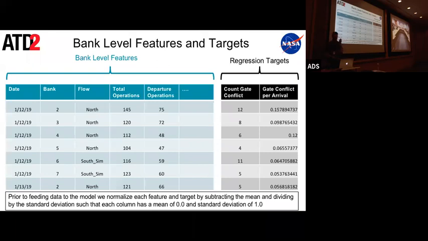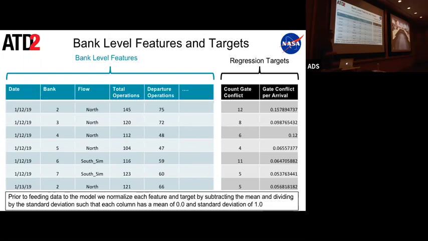Once I have these banks defined, I can start aggregating my demand and my metrics at the bank level to create something like this. For example, on January 12th, 2019, Bank 2, we were in a north flow operation. We had 145 total operations, 75 of them were departures.